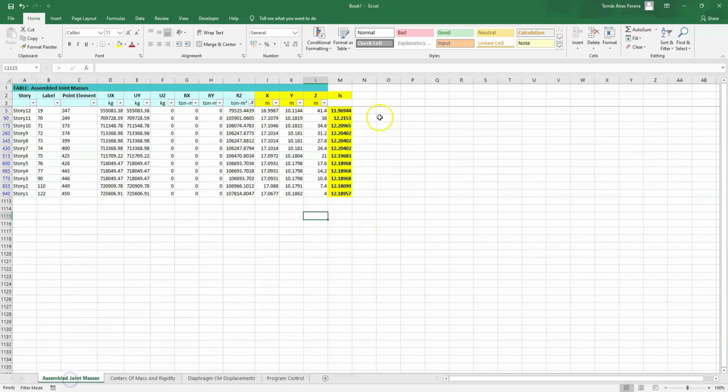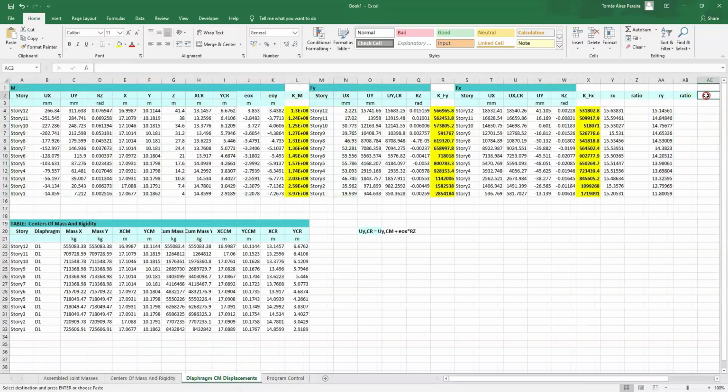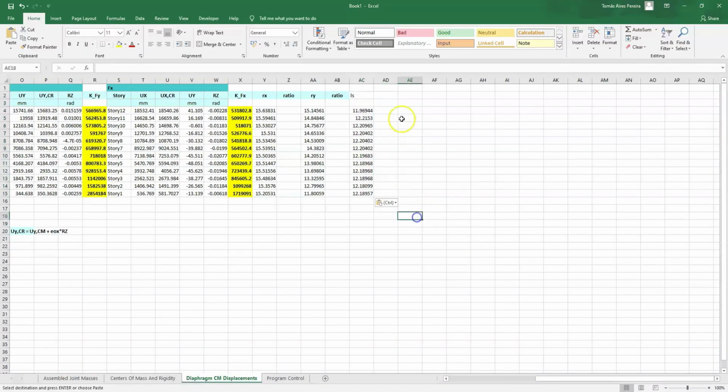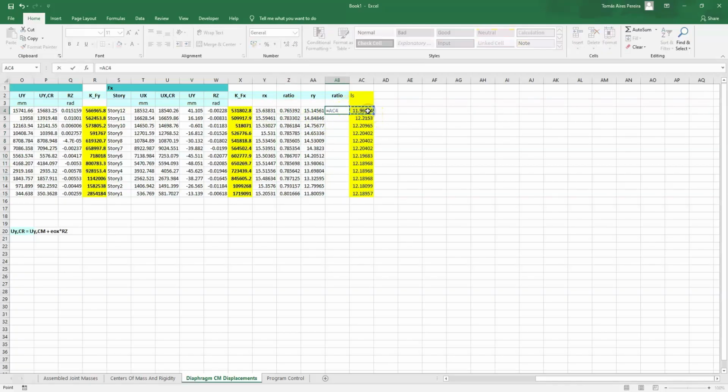Now we are going to select the other factor and bring these values into our Excel sheet so that it is possible to calculate the ratio independently in both directions. We are going to see that this ratio must be less than 1, and we will verify it. As we can see, all stories in both directions are less than 1.